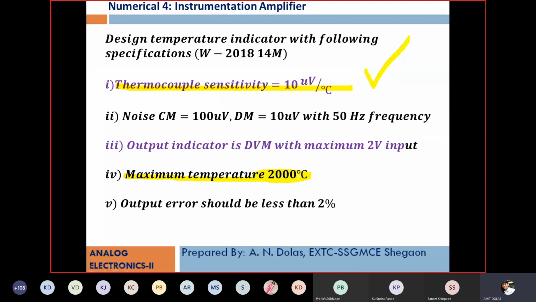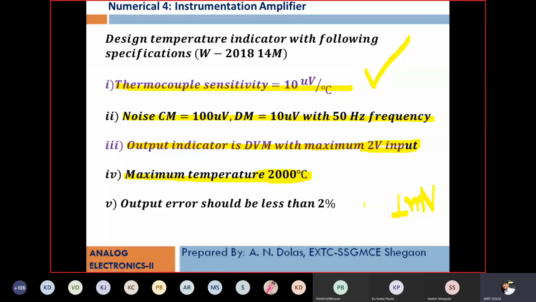We use output of DVM, maximum input to the DVM 2 volt, for calculating maximum differential gain 100. Then using noise given here, differential and common mode, we have calculated error into the output, and that is 1 millivolt.